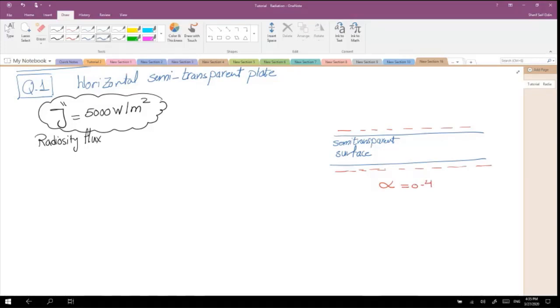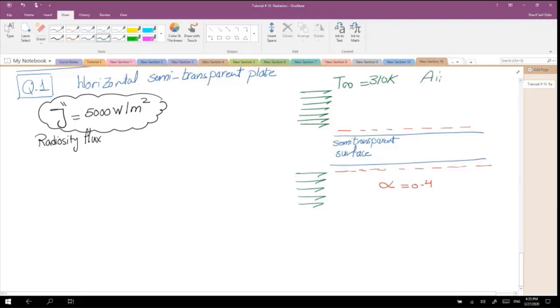The problem also states that there is a certain amount of air flowing over the top side and the bottom side of this flat plate, with a temperature of 310 Kelvin.